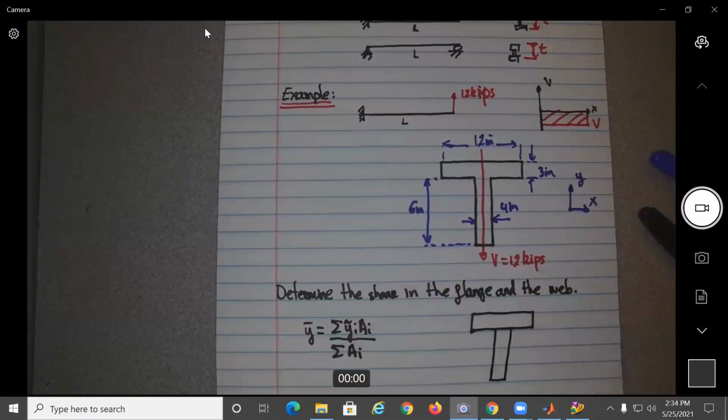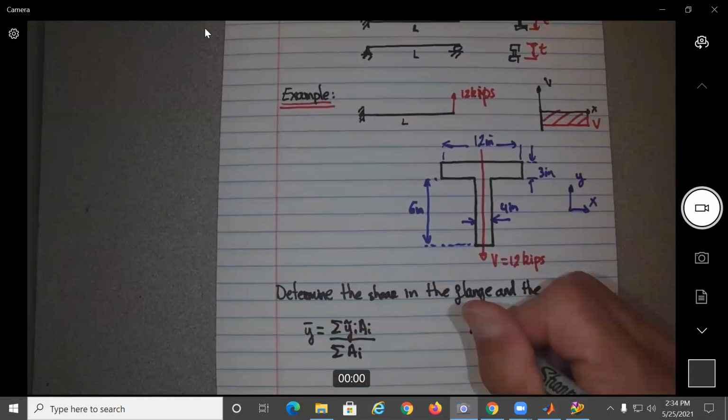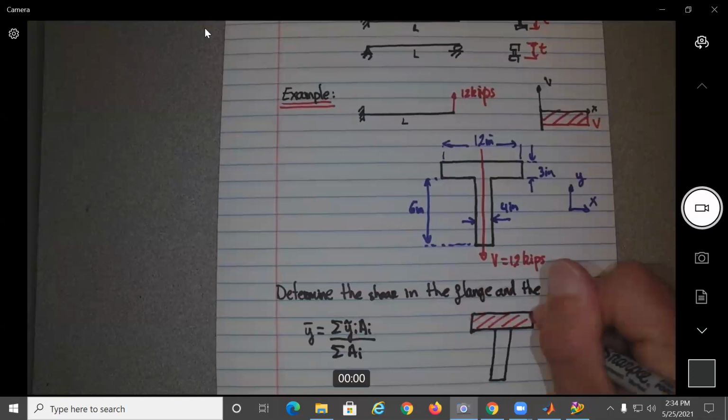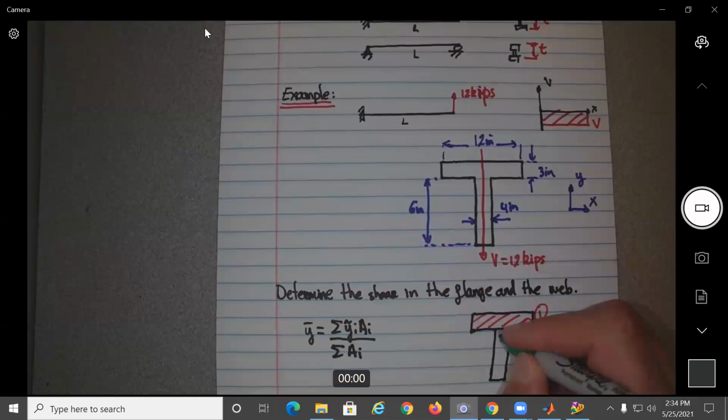Let's say one part will be this one here, one, and this will be two.